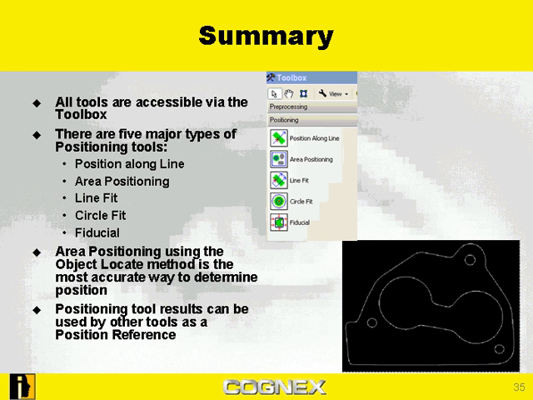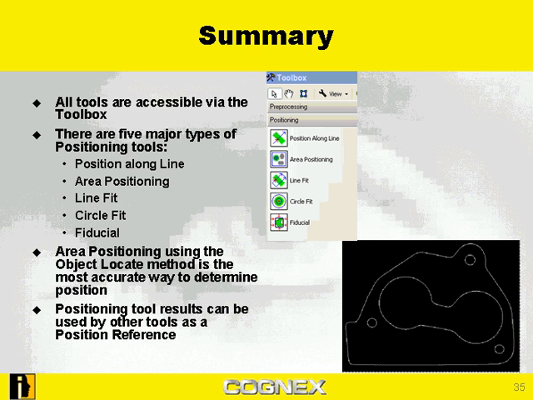So in summary, 5 different ways to do positioning in the DVT family. As we've reviewed, positioning along a line in an area, we do line fit, circle fit, and then also now the Fiducial positioning tool. And then area positioning tools, object locate really being the choice in terms of accuracy, and also it's a pretty fast operating tool as well.